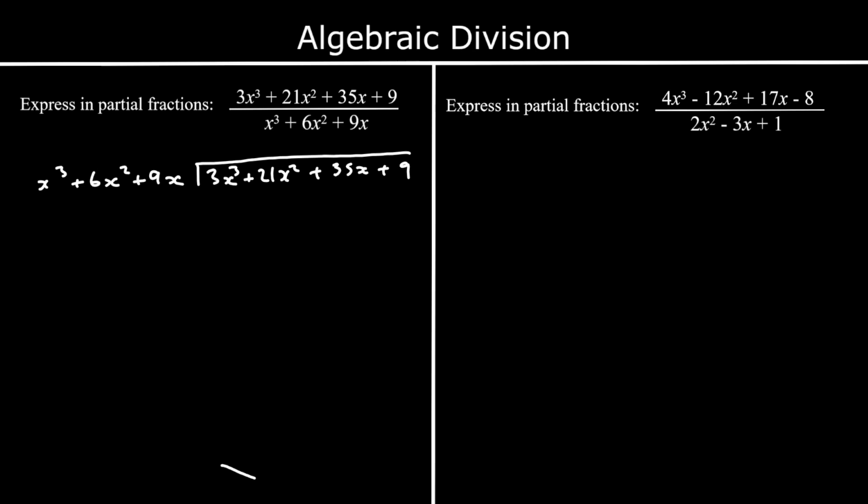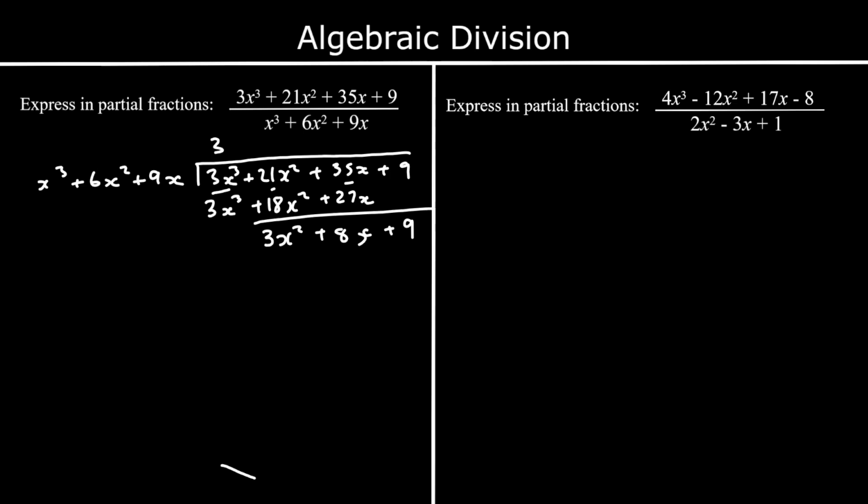3x cubed over x cubed is 3, times by the 3, so 3x cubed plus 18x squared plus 27x, and take away. 21x squared take away 18x squared is 3x squared. 35 take away 27 will be 8x. And we've got the 9 to bring down.